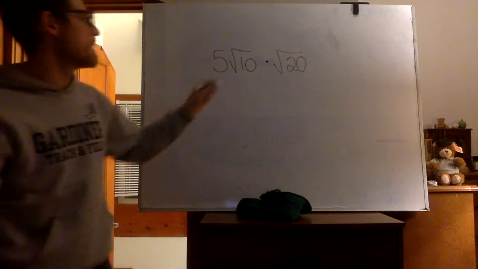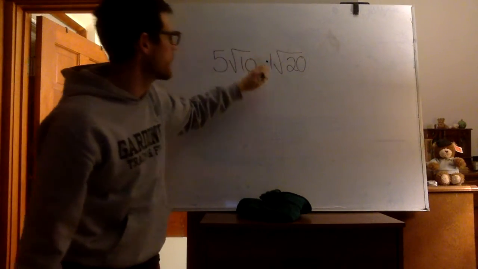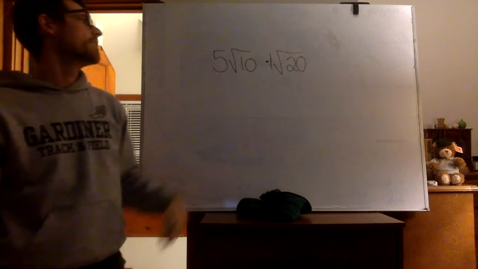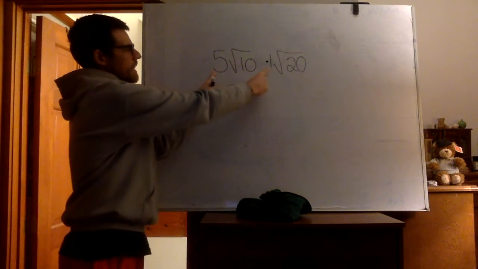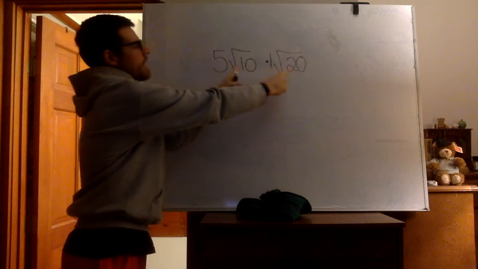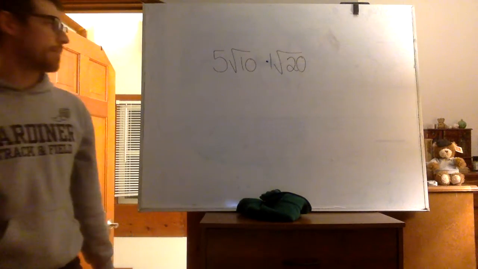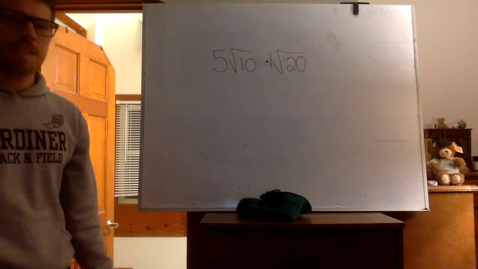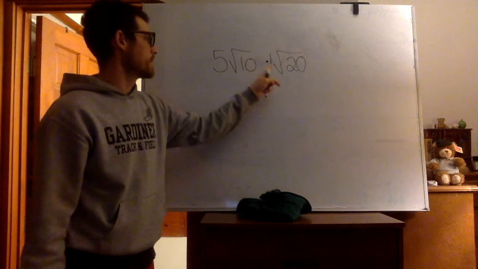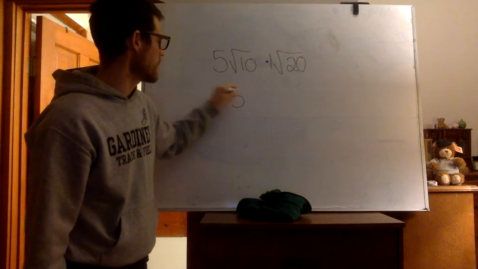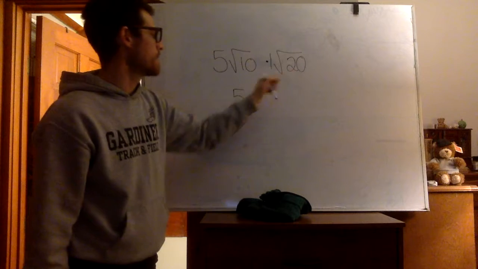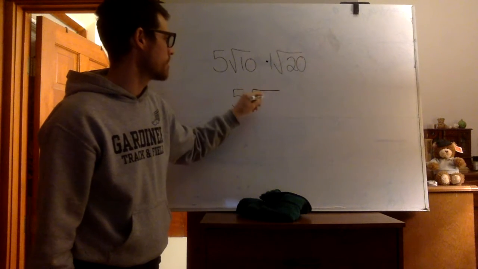So in this example, I would put the 1 on the outside of the radical so that I could have a number on the outside for both of them and a number on the inside for both of them. Now I'm ready to do the same as before. Outside with outside, multiplication. Inside with inside, also multiplication.